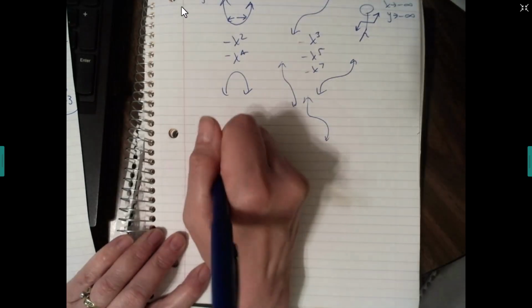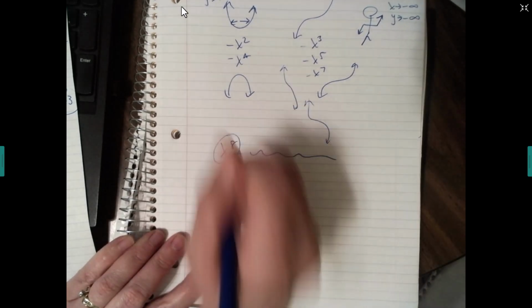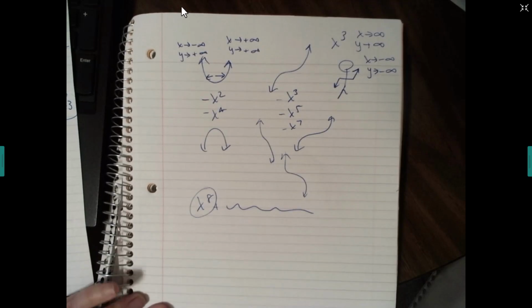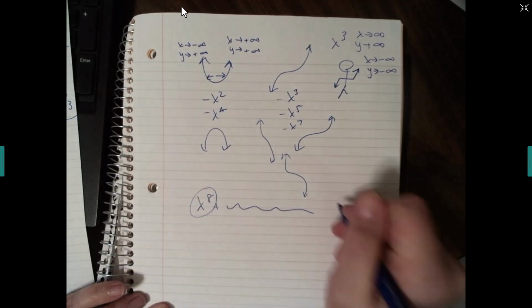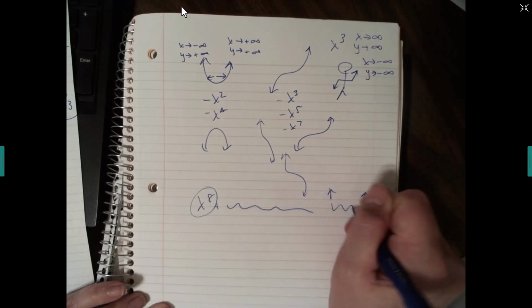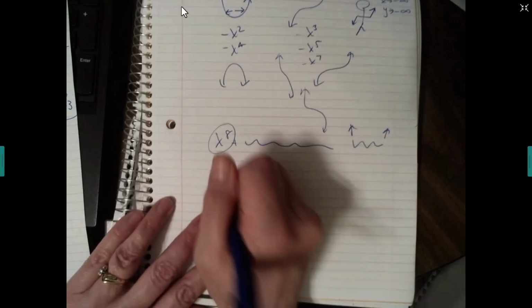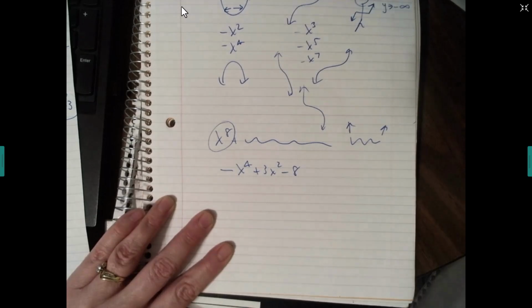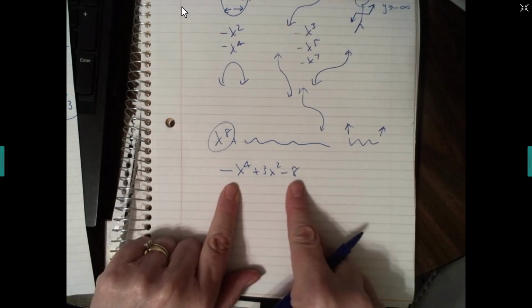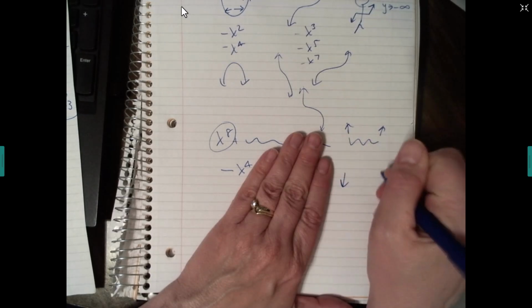So if you have some ugly thing, it doesn't matter how long it is, this tells you the behavior if you write it in descending order. I know the end behavior with a positive coefficient is going to be like this. It might have bumpies in the middle, that I don't know. If I have something negative, the highest power you write in descending order tells me this is reflected bunny ears.